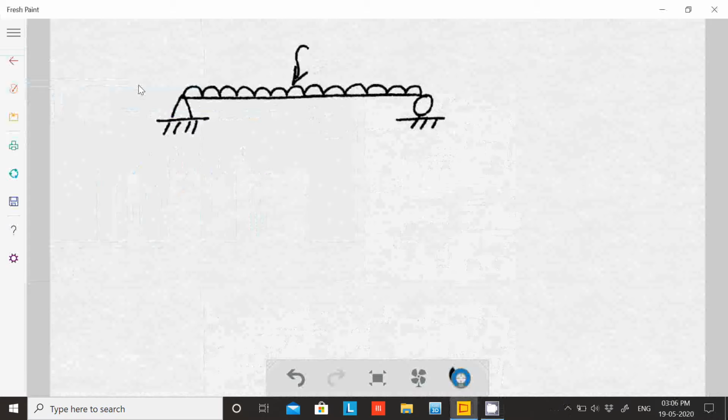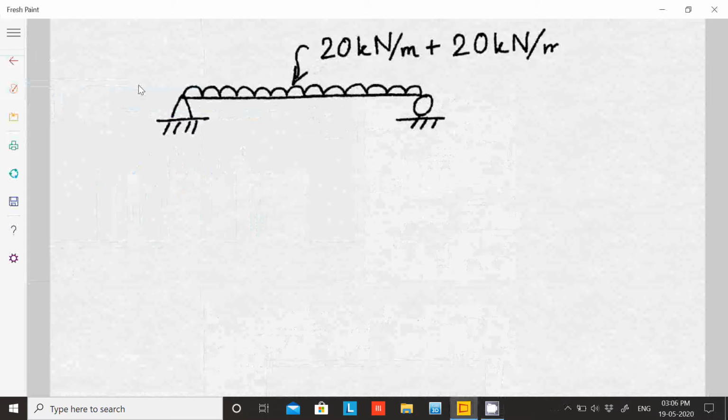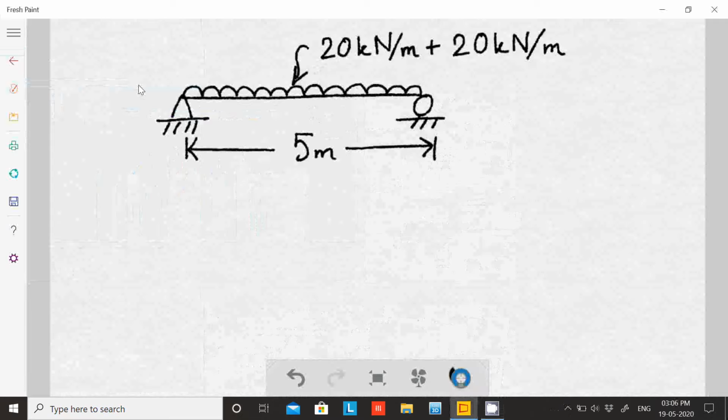So this is 20 kilonewton per meter dead load plus 20 kilonewton per meter live load. Okay, so the span is of 5 meter. Now we have to design this beam.